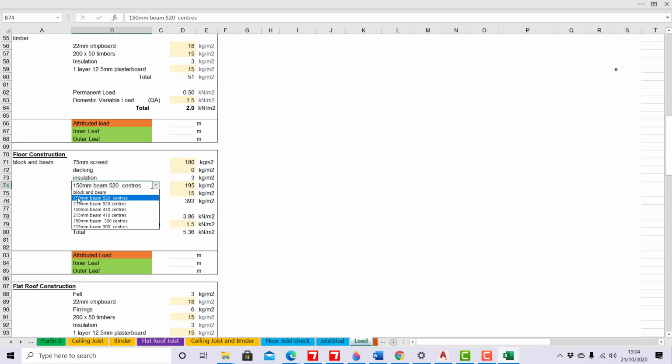But you'll get away with that up to about 4 meters, that 150 at 520 centres. It's ground floor, so there'll be no plasterboard. So you put none in there. And there's your load. So there's your dead load or your permanent load in there, and your variable. That should be permanent and variable, I know. And that gives the load there.